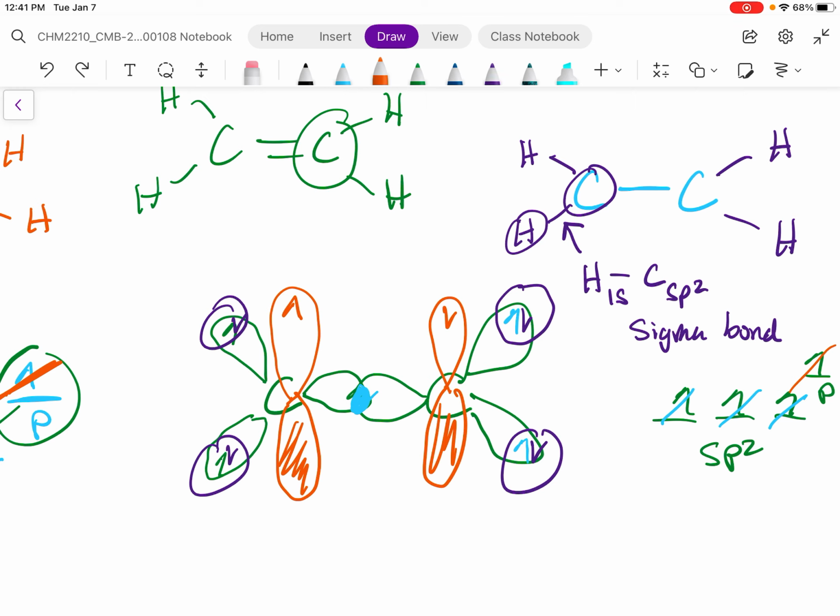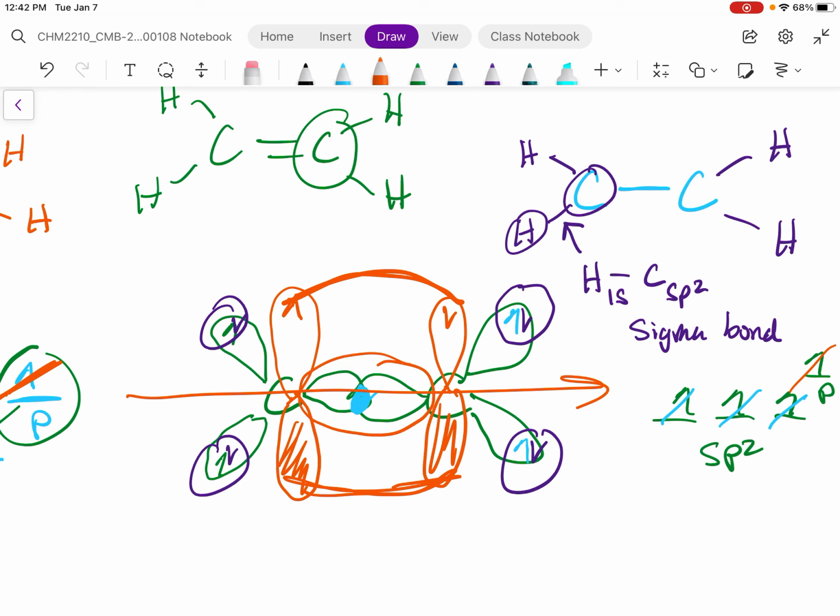This p orbital and this p orbital, they can interact with one another above this axis right here. So compare and contrast. Do you see these sp2 hybridized orbitals right there? Do you see how they're end to end, forming a nice tight sigma bond? But when you look at the pi bonds, they're above and below the atoms.